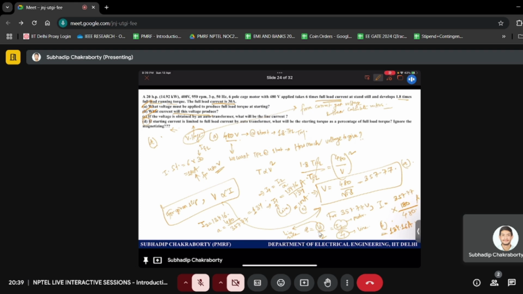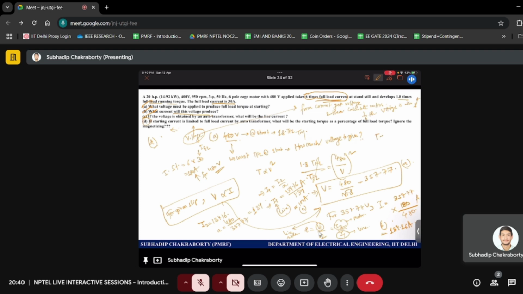So if the starting current is 1/6 now, because it was 6 times full load current, the starting current, now it is 1/6. So voltage is also 1/6, for the same slip at starting, I am saying. So voltage is 1/6.